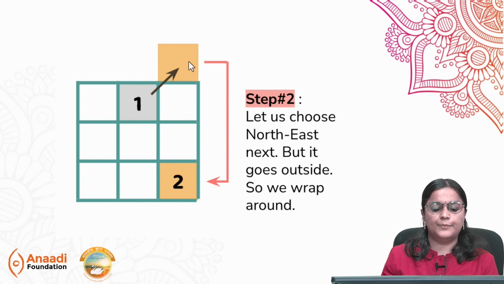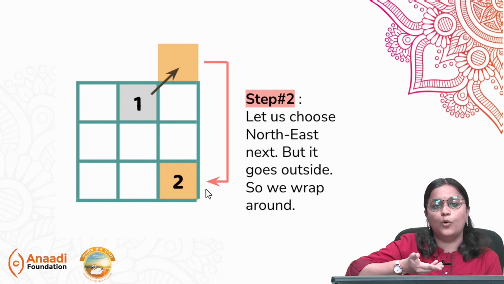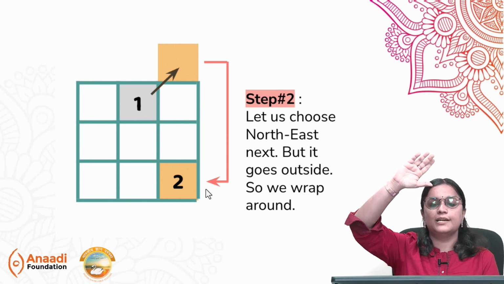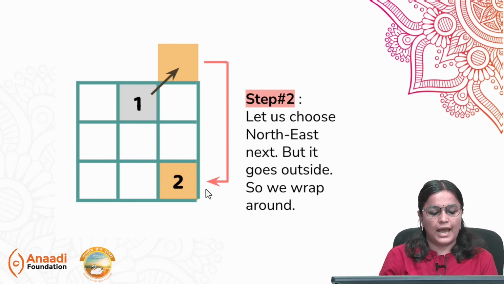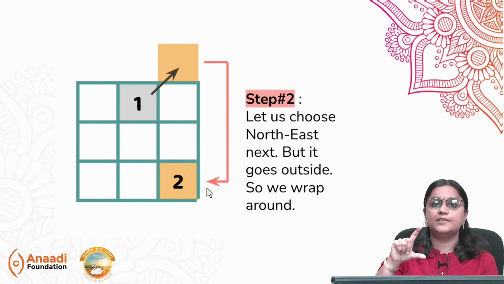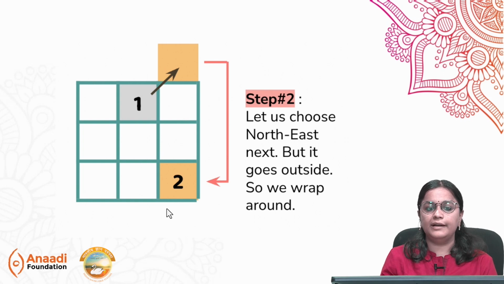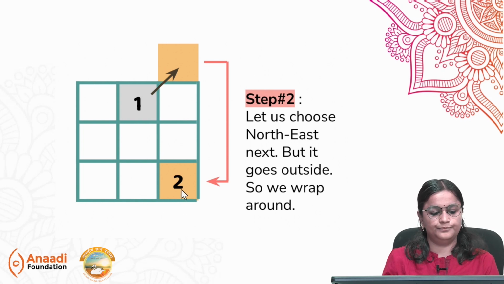And so what will happen? Now imagine that this northeast direction gets wrapped around. It's a paper which we just fold. If we fold the paper, what happens? From northeast, it will come down towards the bottom. So this wrapping around will mean that our next digit placement must be in the bottom right corner, and that is where we will place our digit 2.